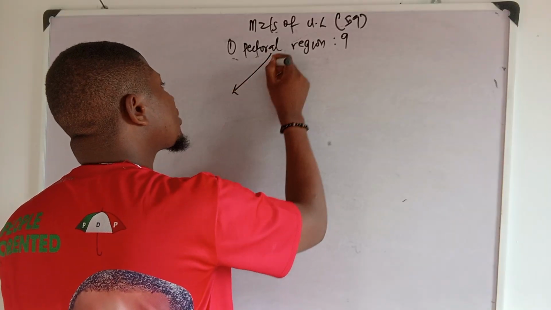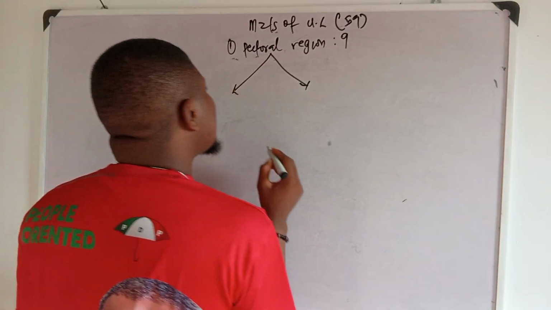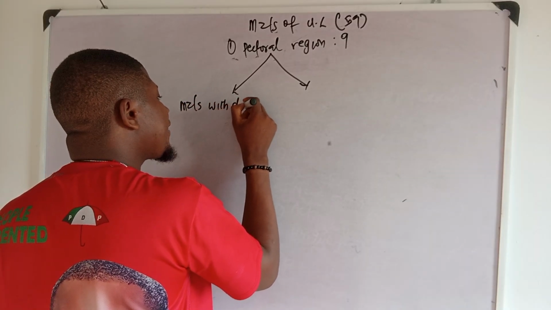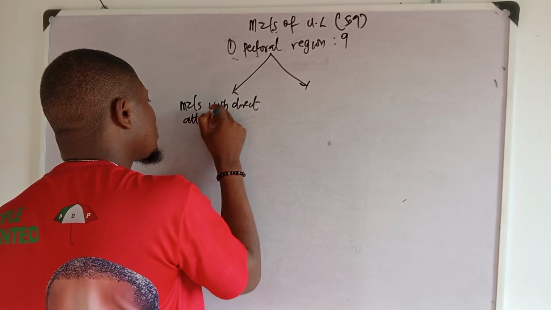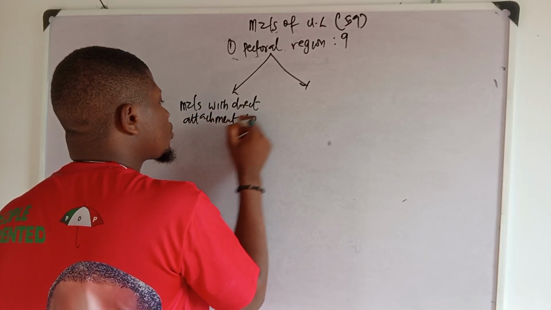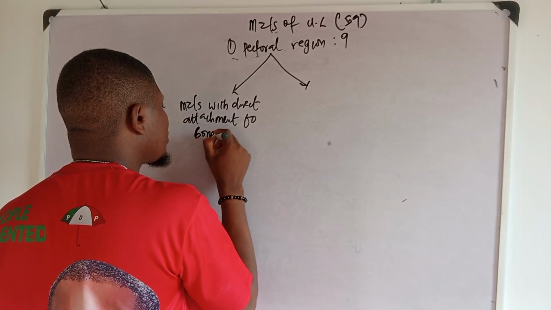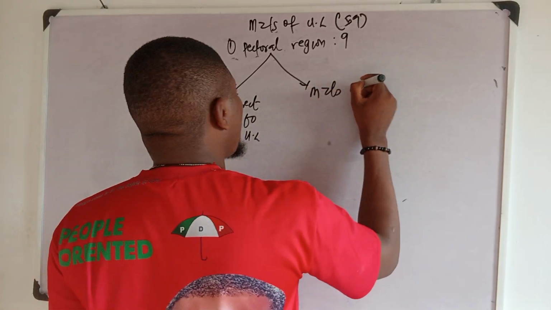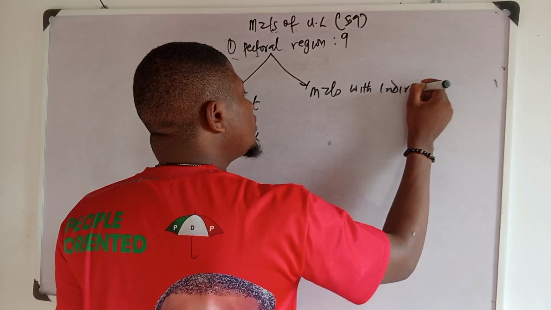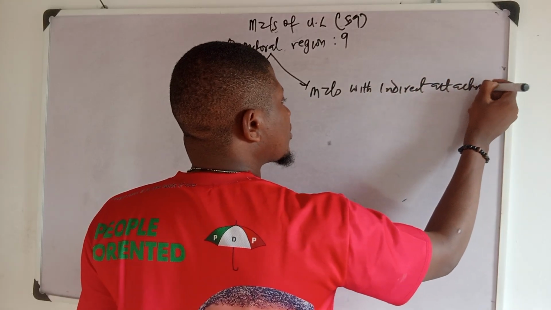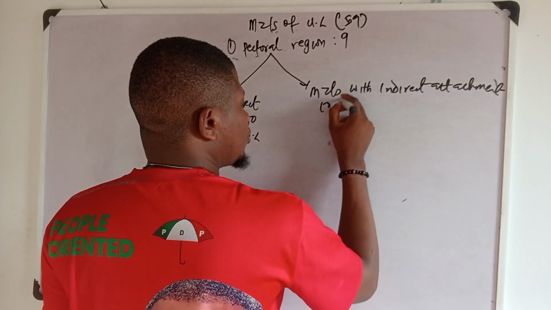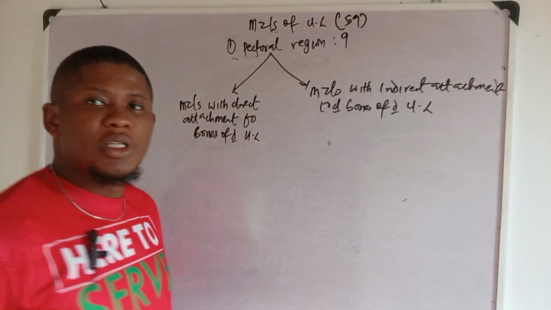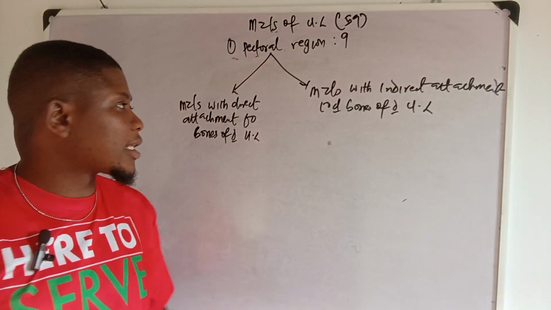The muscles of the pectoral region are grouped into two: muscles with direct attachment to the bones of the upper limb, and muscles with indirect attachment to the bones of the upper limb. So this is how we're going to group them: direct attachment and indirect attachment.